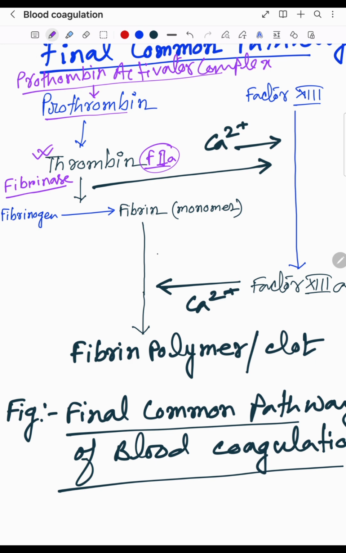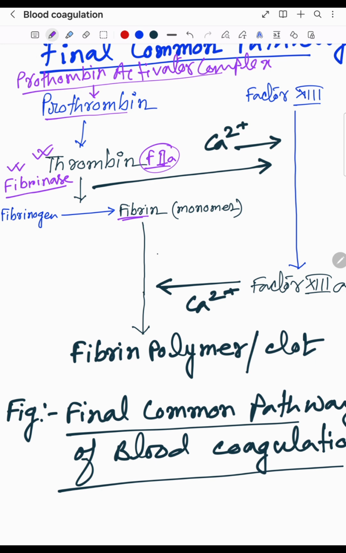Fibrinogen to fibrin. Fibrin, its inactivated form is fibrinogen. Thrombin helps in the formation of fibrin from fibrinogen, and it also produces fibrinase enzyme.